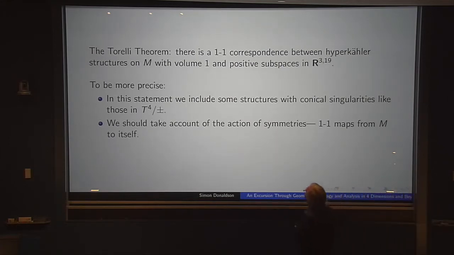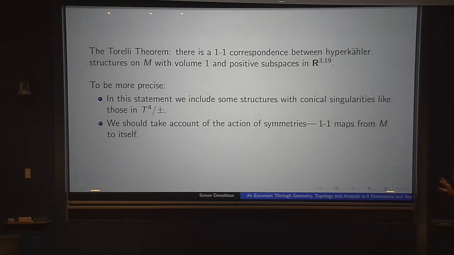And the Torelli theorem says that if we fix the volume, which is just an overall scale, then this positive subspace uniquely determines the Hyperkähler structure, essentially. So there's a one-to-one correspondence between Hyperkähler structures with volume 1 and these positive subspaces. So we get a complete description of all of these things.